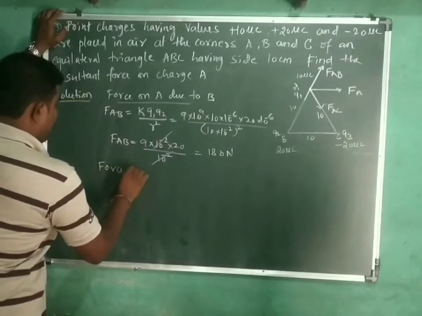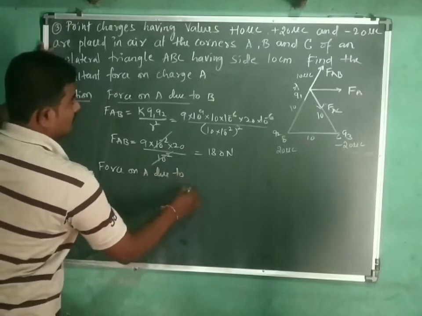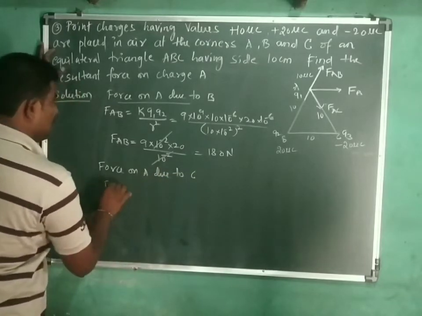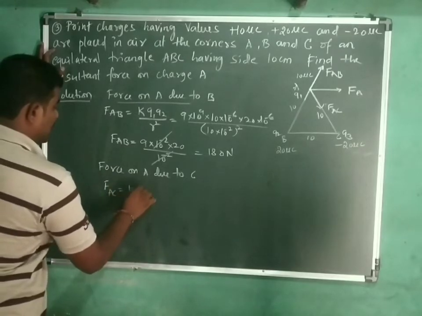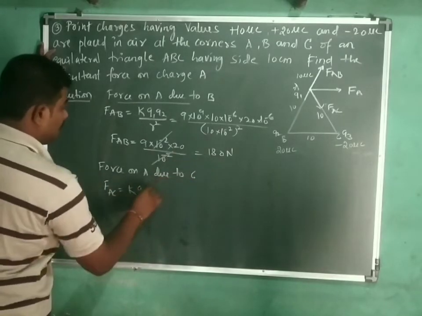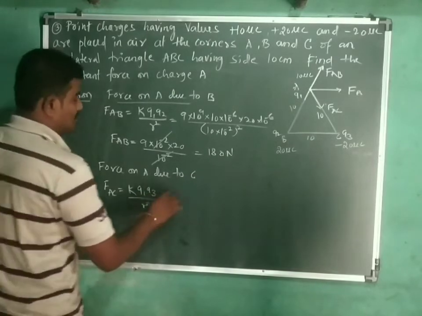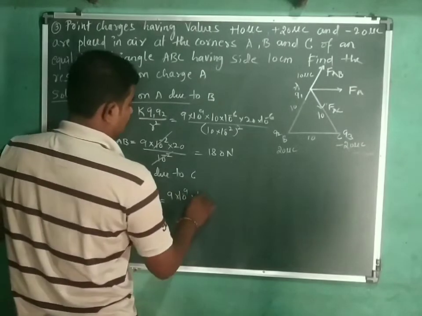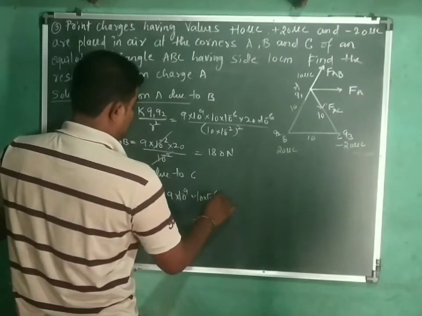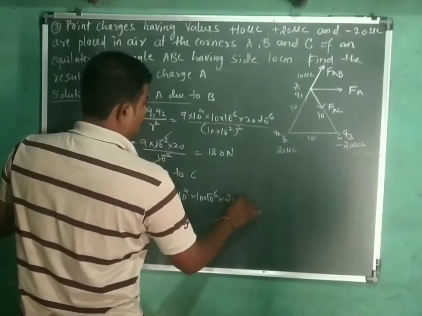And similarly, the force on A due to C, that is FAC, is equal to once again K Q1 Q3 divided by R square. K is how much? Once again 9 into 10 to the power 9. Q1 is 10 into 10 to the power minus 6, and Q3 is 20 into 10 to the power minus 6.